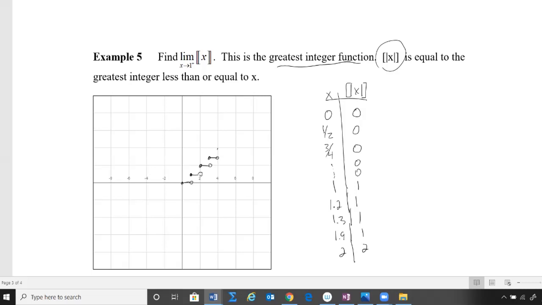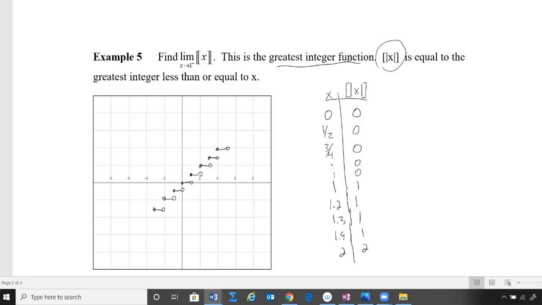So each of these has a dot on one side and a hole on the other. And it goes backwards this way too. We could put some negative values in if we wanted. So this continues on left and right.